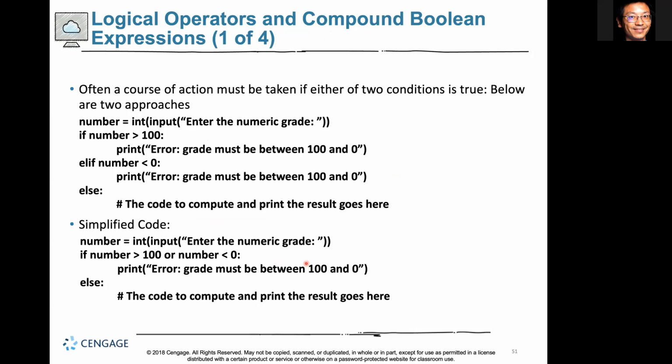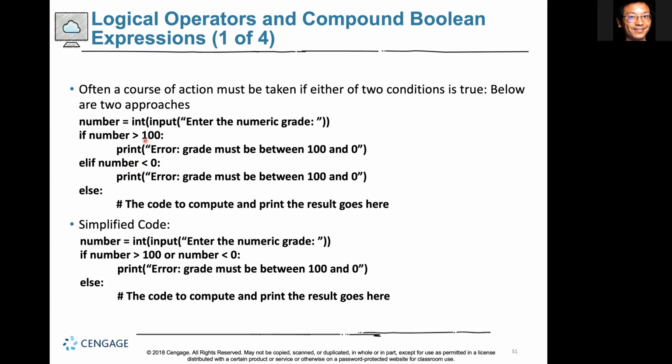Now, the course of action must be taken if either condition is true, and there are basically different ways to do that if you have multiple conditions. So let's say you have two conditions: number greater than 100, you say, well, that's an error. If it's less than 0, it's also an error, right? You can test them separately.